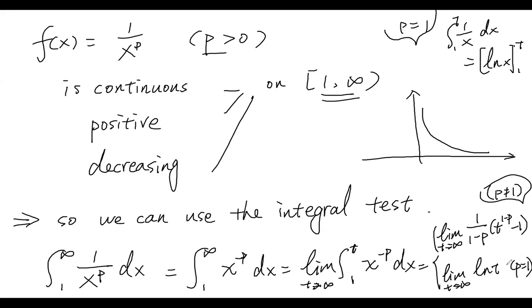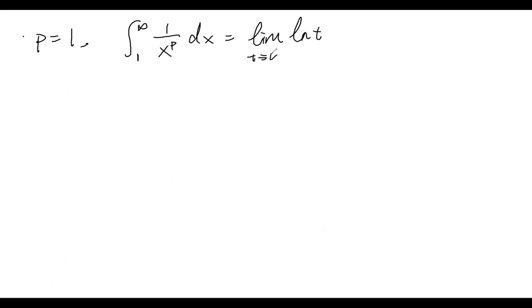So when p is equal to 1, the integral from 1 to infinity of 1 over x to the p dx is the limit of natural log of t as t approaches infinity. And this is divergent. So the improper integral is divergent.